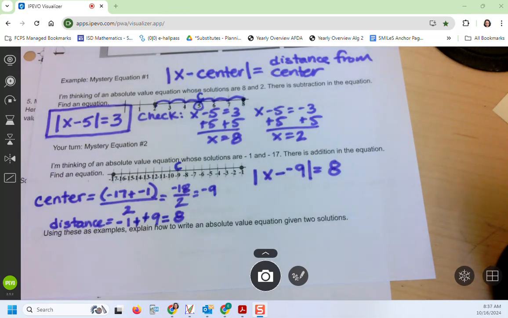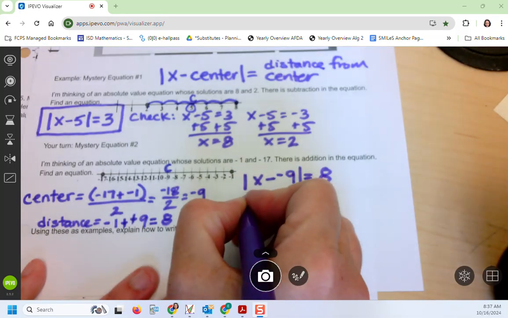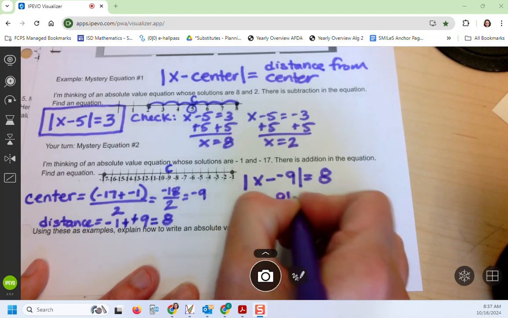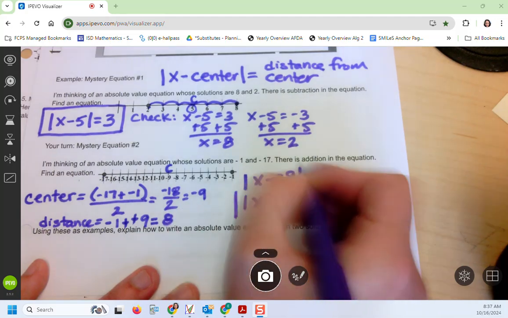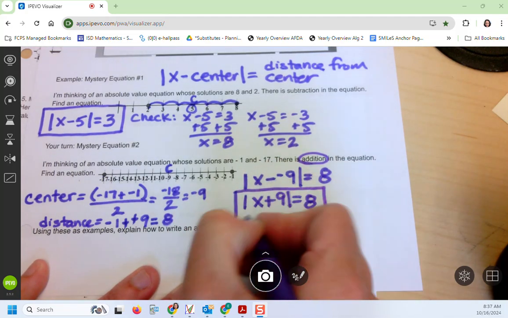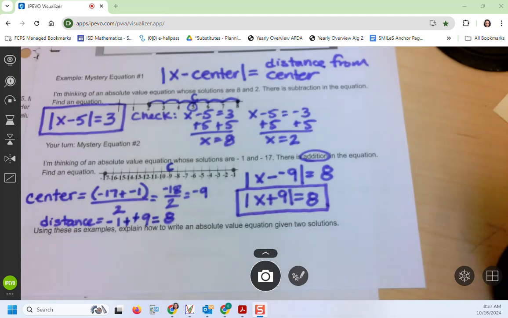It makes a positive, okay? So after we write this, we're going to simplify the minus negative to be a plus. And then if you look back, it says there is addition. That's where the addition came from. It comes from when you have minus negative. Whenever you have a minus negative in your equation, it's going to make a plus.